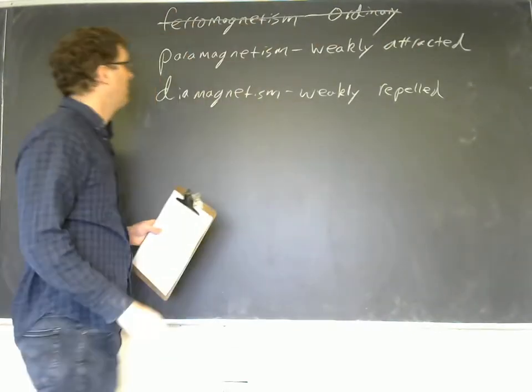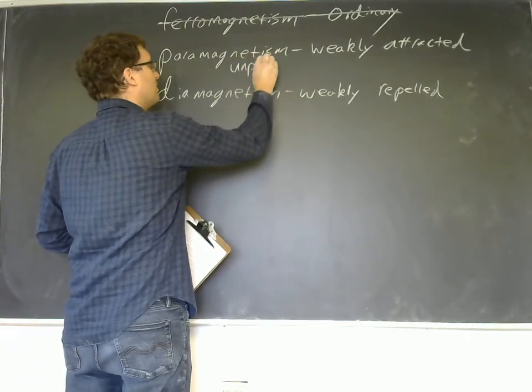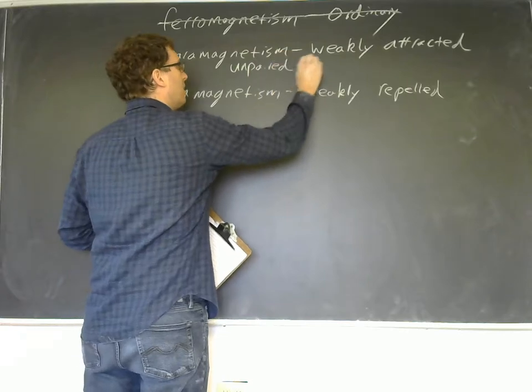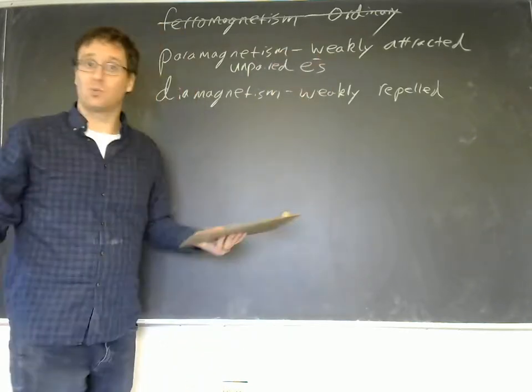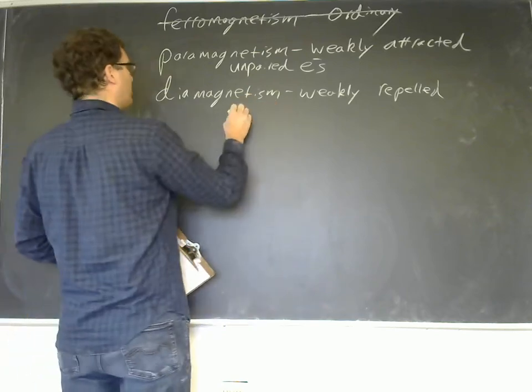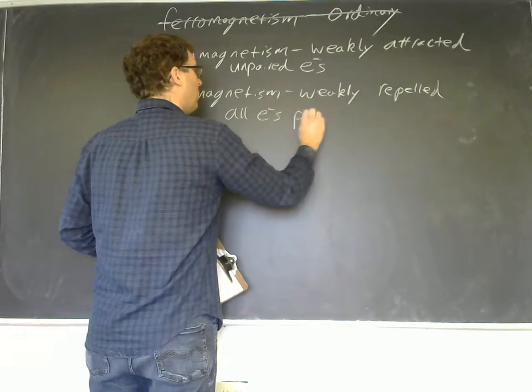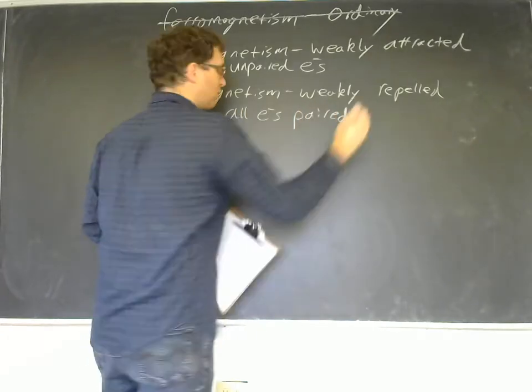Well, paramagnetism is going to have unpaired electrons, at least one or more unpaired electrons. Diamagnetic materials will have all electrons paired.